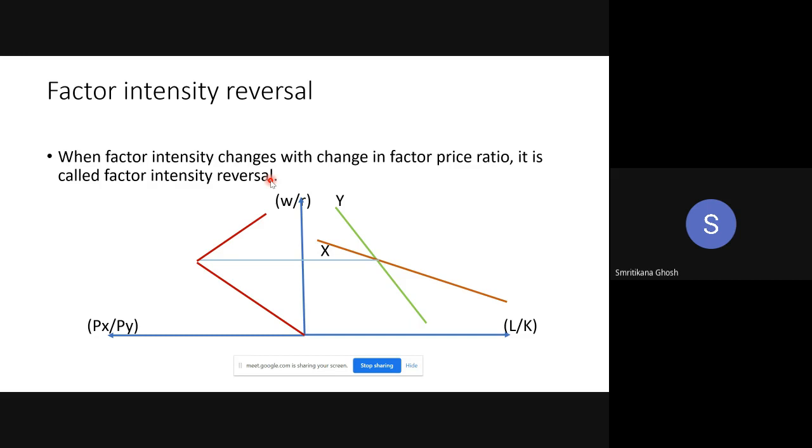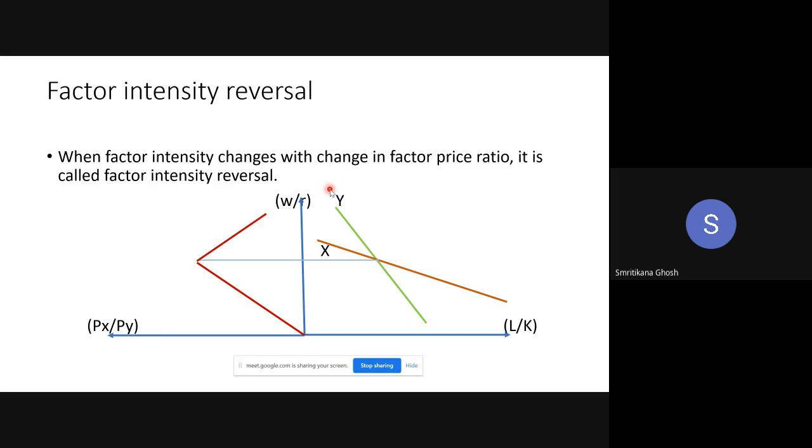We know the HO theorem is very much dependent on this line, that is the positive line, the one-to-one correspondence between Px by Py and W by R. Once you introduce factor intensity reversal, the one-to-one correspondence becomes inverse. Now we want to check whether the HO theorem is true or not.